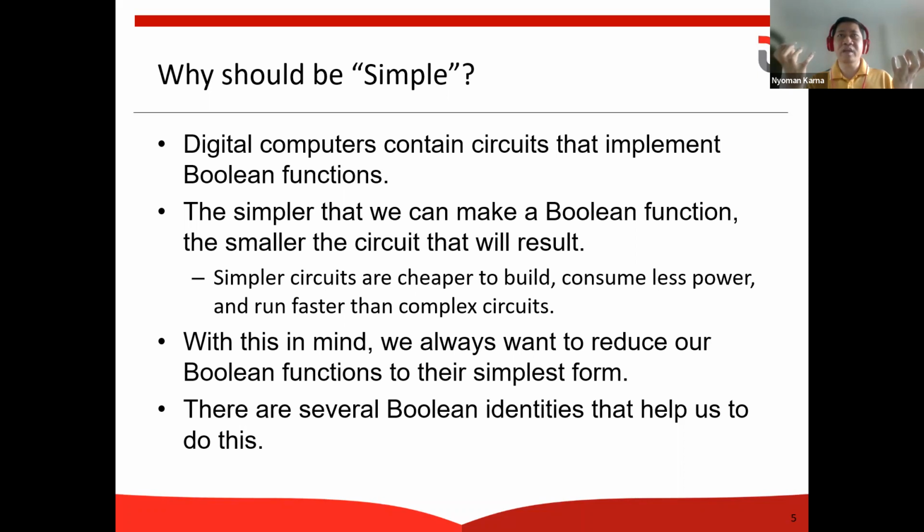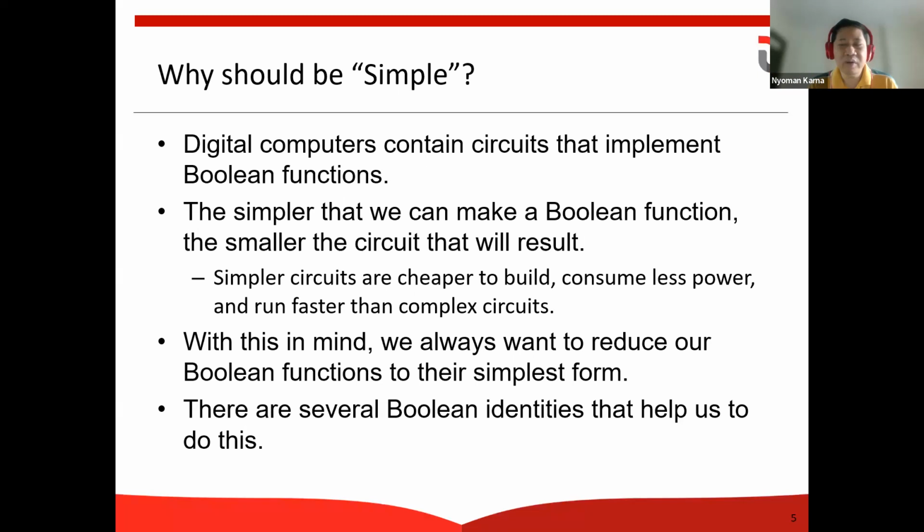But after I simplify this function, it takes only, for example, 4 logic gates. So which one do you choose? Of course, we're going to choose the simpler one, only 4 logic gates, because it's cheaper. You only need to buy 4 logic gates, it consumes less power because it's only 4 logic gates, and it runs faster.